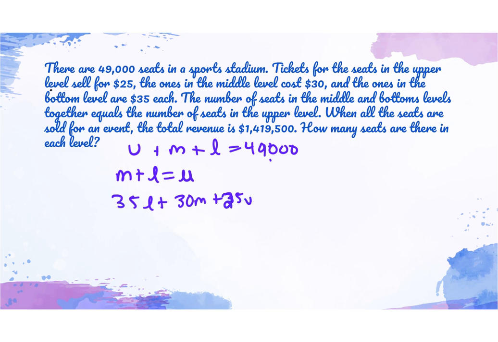You don't pay more money to sit higher. So you want to solve that. Let me rewrite this one so we're all in the same order. Lower plus middle plus upper is going to be 49,000.